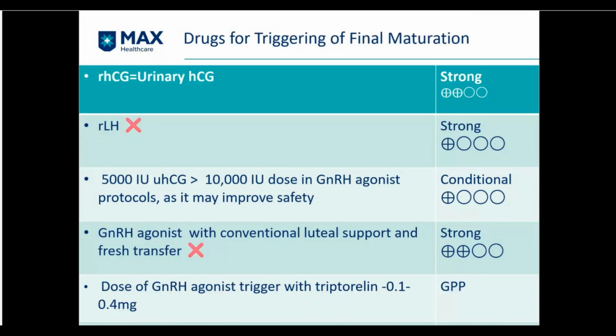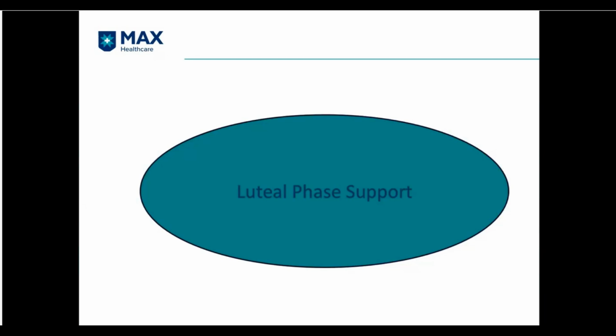And again, this is a conditional one. In between, we all were giving dual trigger, but my experience also says I did not find any great improvement in the quality. So I have gone back to restricting to a single trigger. Either I give agonist trigger in hyper responders or HCG trigger in the poor or the normal responders. I'm not combining the two.